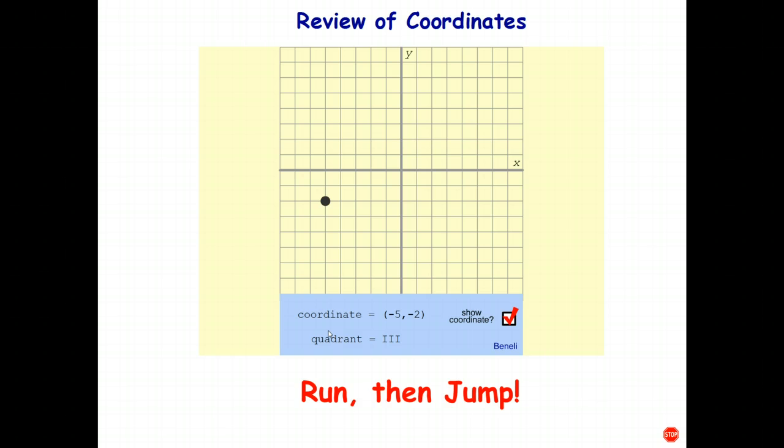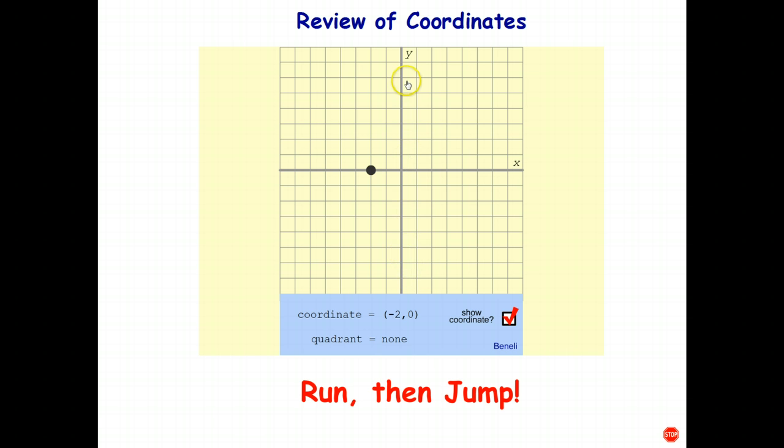Okay, let's look at a couple of special points. What if we pick a point on the x-axis? Well, let's pick that one just there. In this case, we are running back 2, so the x-coordinate's negative 2. We're not jumping at all, so therefore the coordinates are negative 2, 0. And if you're actually on the x-axis, you're not in any quadrant, so quadrant equals none.